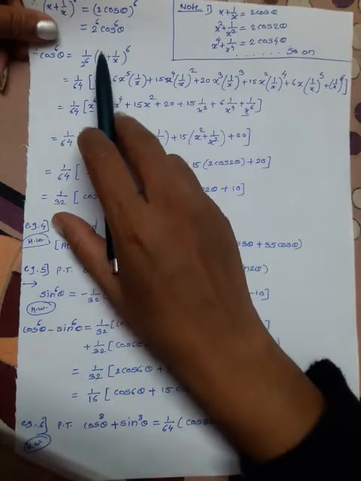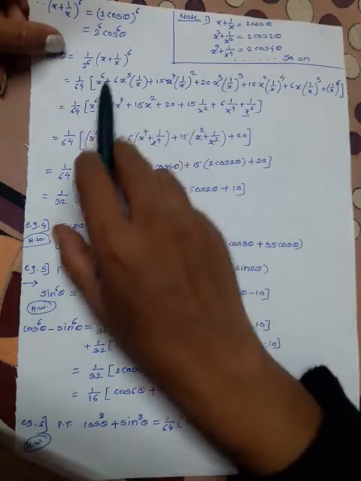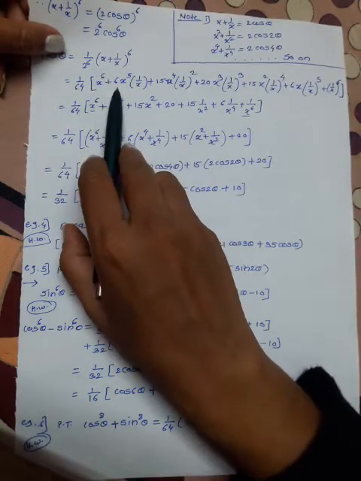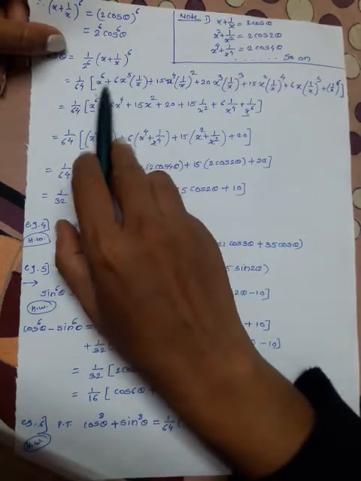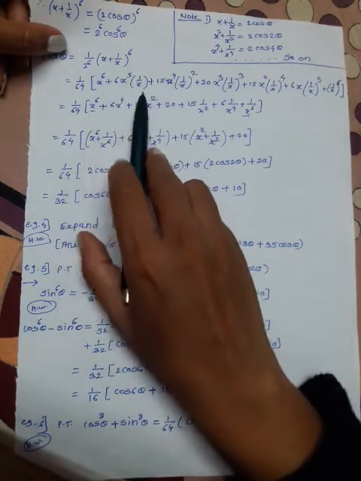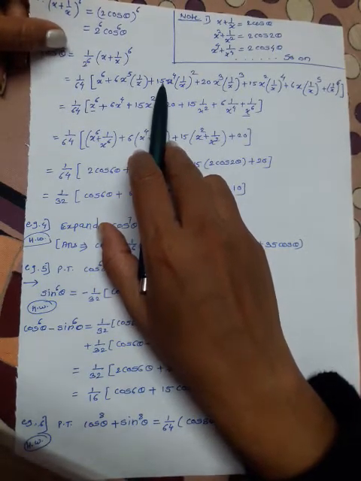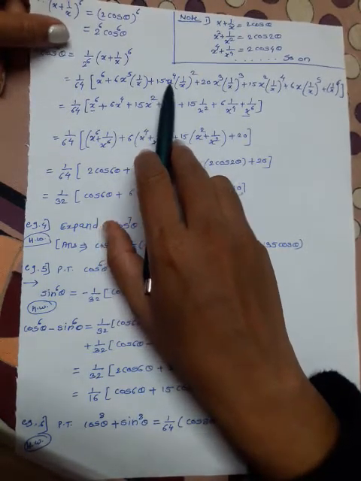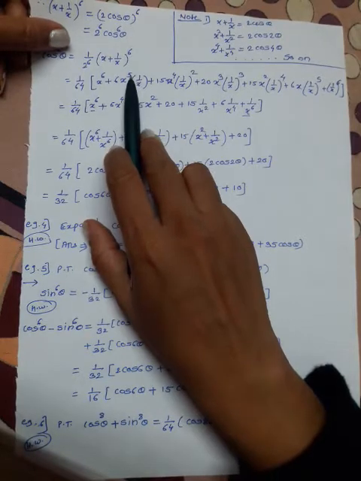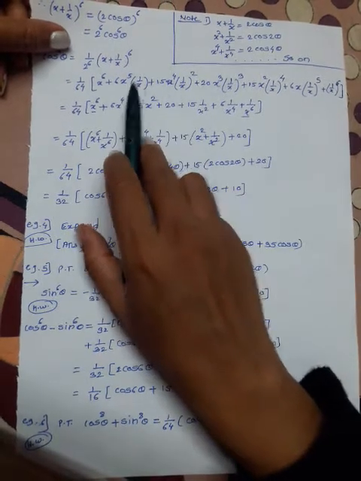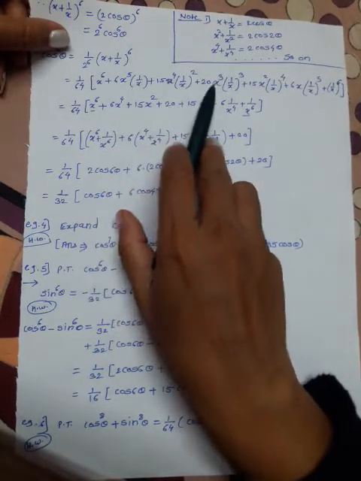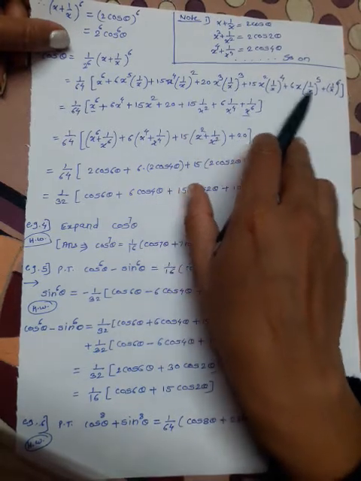using Pascal triangle, that is a plus b raised to 6. a raised to 6 plus 6 a raised to 5, that is x raised to 5 into b, that is 1 upon x, plus 15. Next number in Pascal triangle is 15. Decrease the power of the first term, that is x raised to 6, x5, x4, x3, x2, x1, x0.